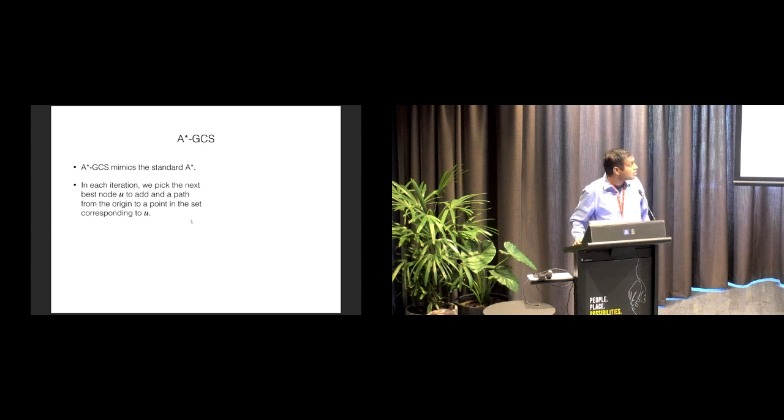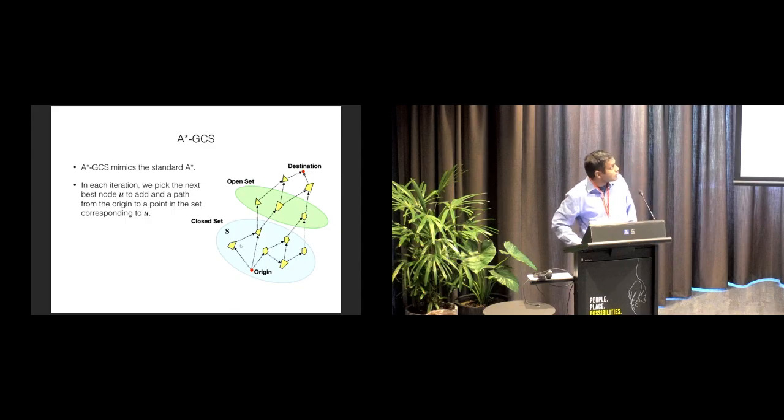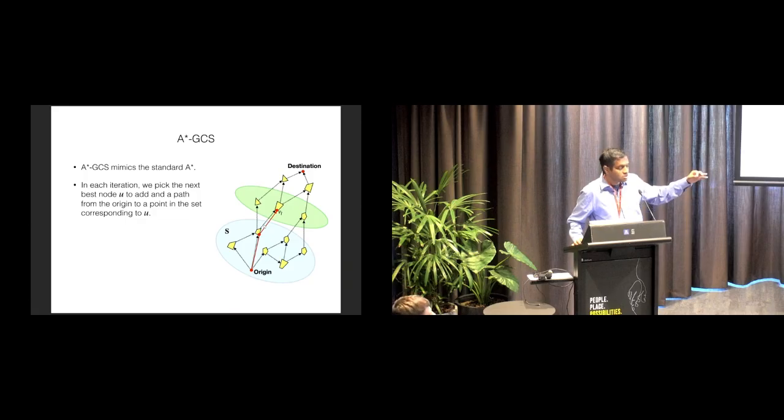For notation, suppose this is a closed set that you have at any point in the iteration. These are the nodes you've already explored, and these are the new nodes that you're trying to choose from, right? So in this iteration, we solve an optimization problem where we pick the set in this open list, as well as the path from the origin to that set, that minimizes your total cost, right?